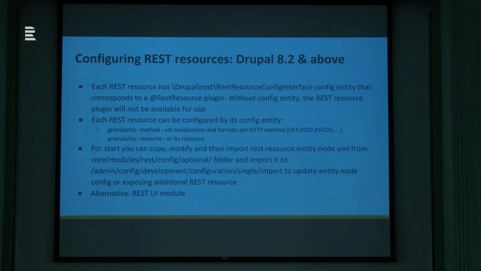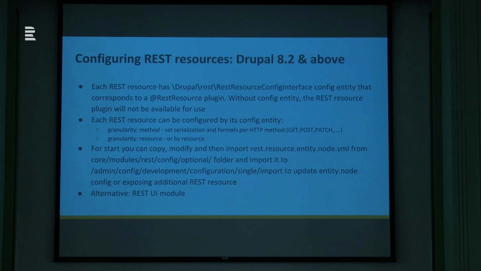And you can also forget about the access settings for each REST resource, because the access is now based on node access and stuff like that. So you can do that manually, like write your own config, or you can use the REST UI module, which I recommend because of the lesser hassle for changing the permissions.